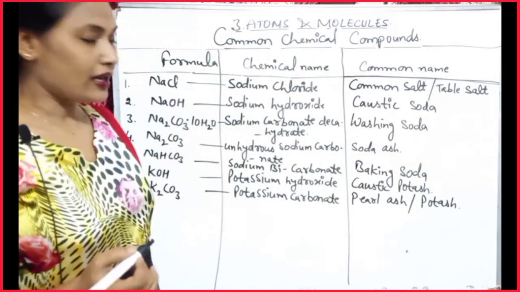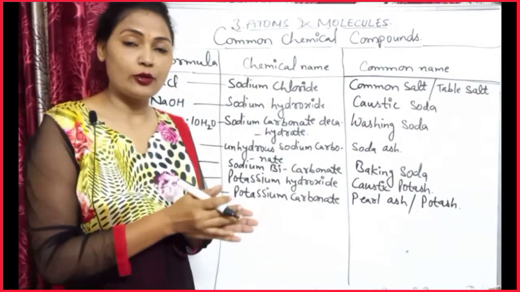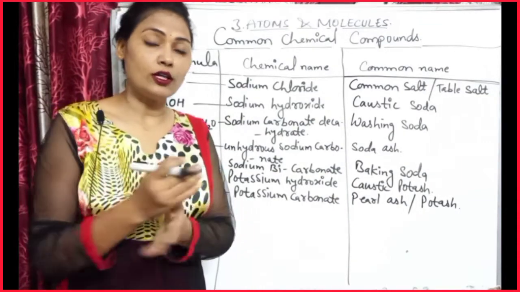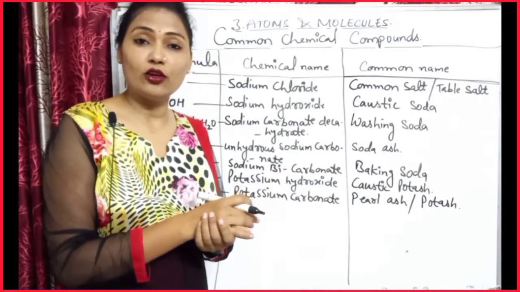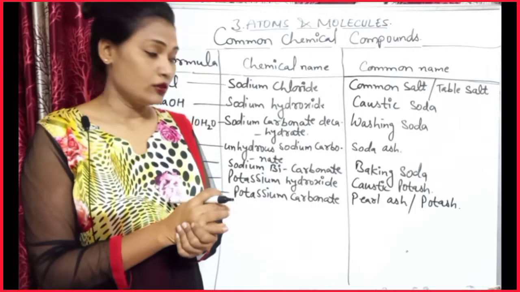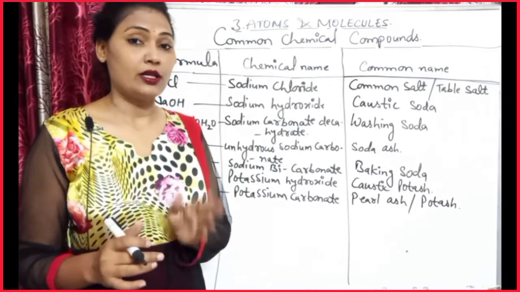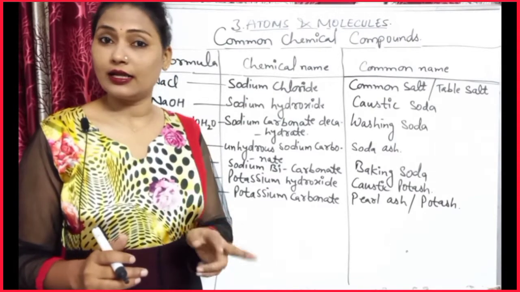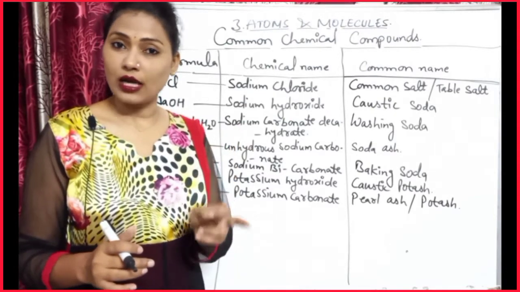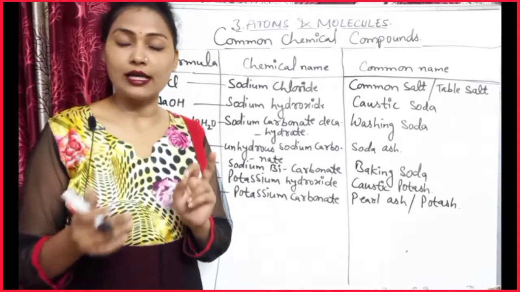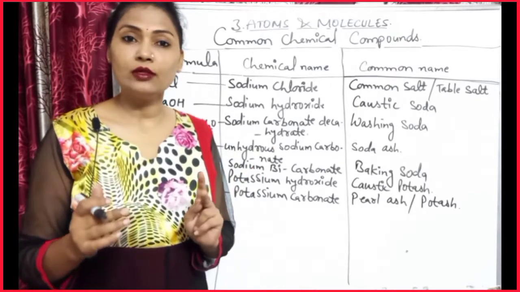Now, do you know there is fitkari that we use for the cleaning of drinking water? That fitkari is also known as alum or potash alum. It is a double salt. It contains potassium sulfate as well as aluminium sulfate.